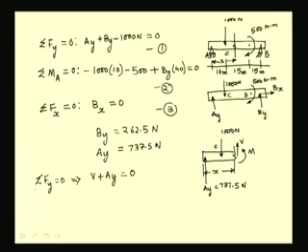Now, let us take the moment summation about a point on this section. Why would we like to take it? We can take it about any point, but since V is an unknown, we can avoid it in the moment equation if we take the moment summation about a point on that section of our interest. So, let us take the moment and equate it to 0.